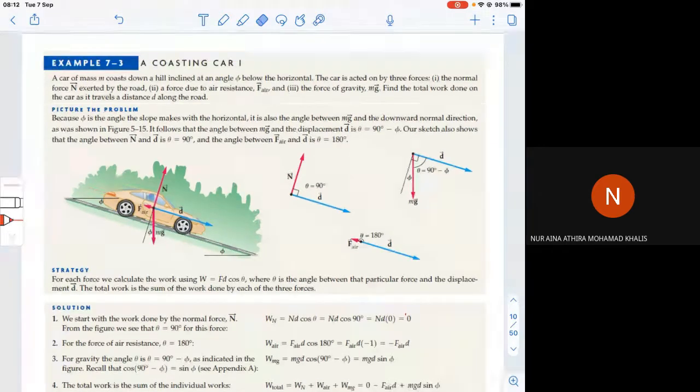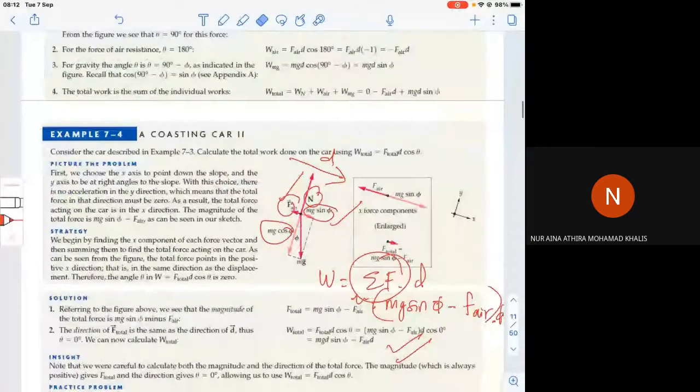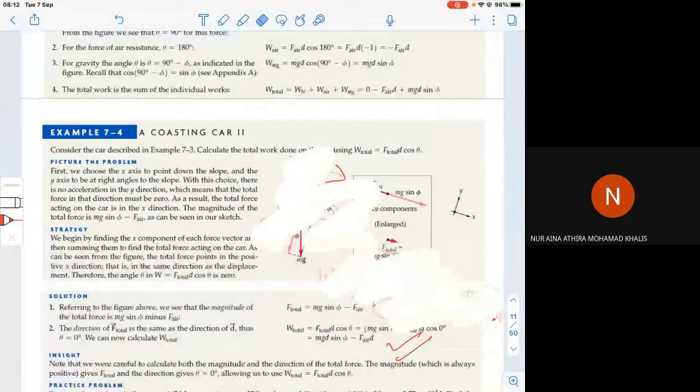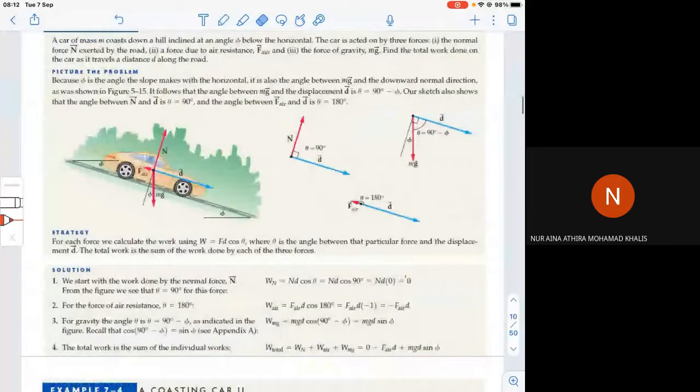Now we have two examples, example 7.3 and example 7.4. There are two examples involved in this kind of situation, the same situation but a different approach.